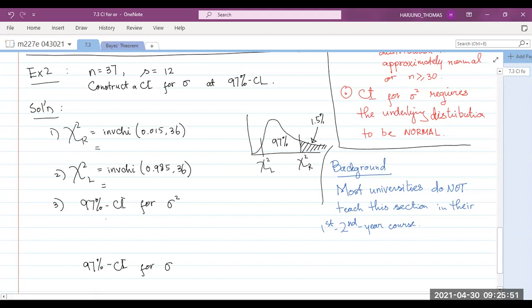The confidence interval for sigma squared will be degree of freedom times sample variance over the result you get from chi-squared right, less than sigma squared, less than degree of freedom times sample variance over the result you get from chi-squared left.